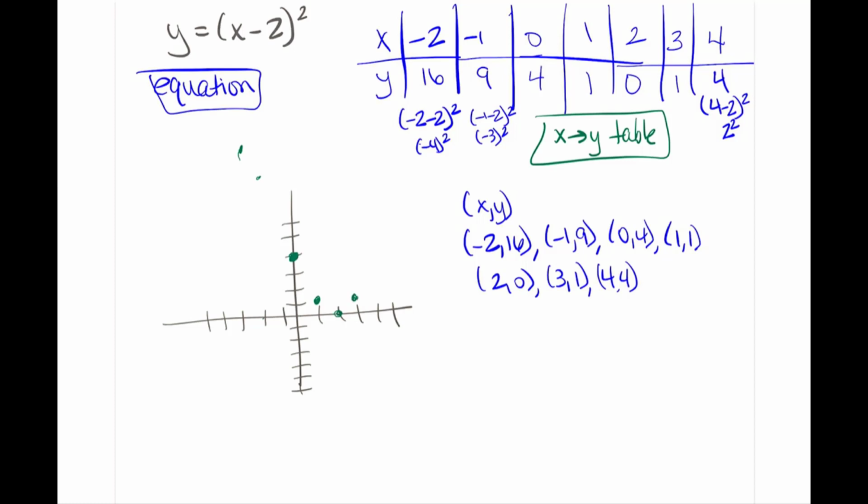And last but not least is (4, 4). So I'm going to go over 4, and then I'm going to go up 4, positive 4, 1, 2, 3, 4. Well, that's going to give me a value right there.